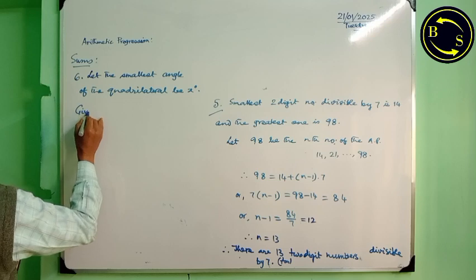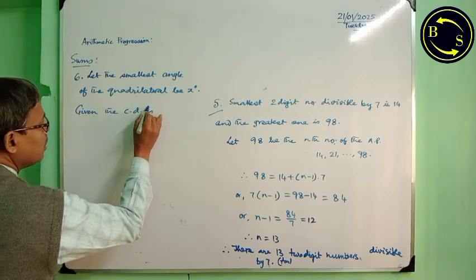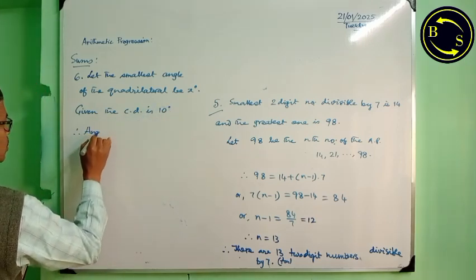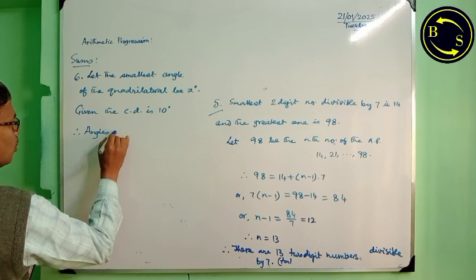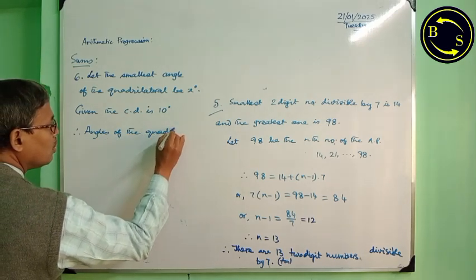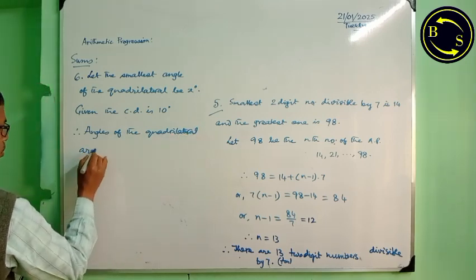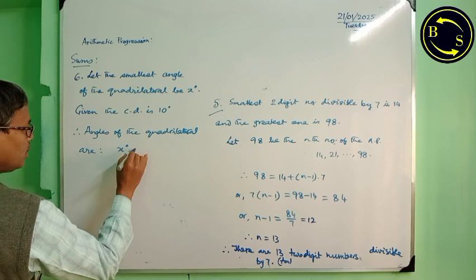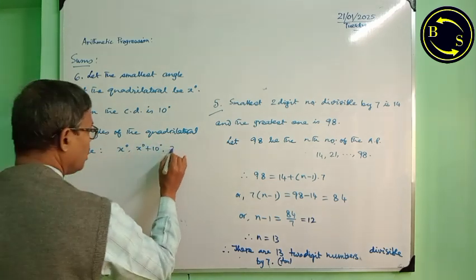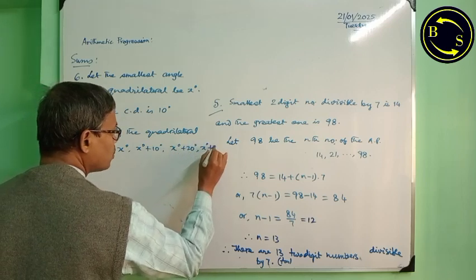Given the common difference is 10 degree, therefore angles of the quadrilateral are x degree, x degree plus 10 degree, x degree plus 20 degree, x degree plus 30 degree.